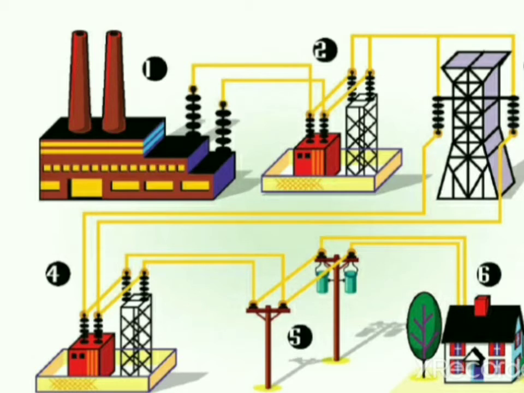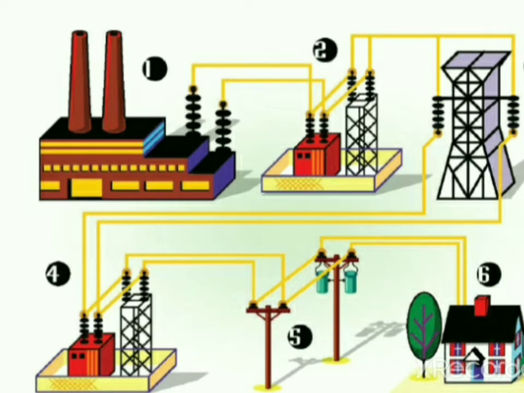Step up means we are increasing the voltage from 11 kilovolt to 132 kilovolt. After that, from the grid substation, again it is transmitted to the main substation. Here the voltage is stepped down from 132 kilovolt to 33 kilovolt.